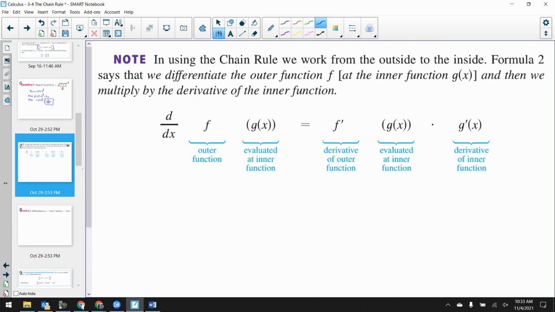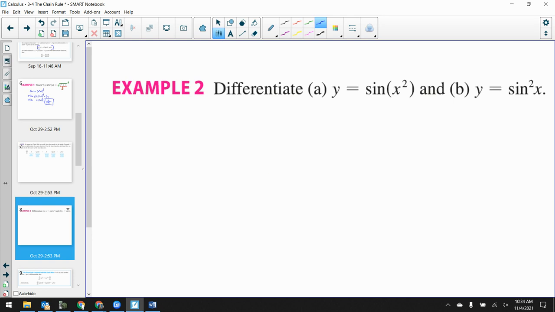A lot of people try to change the inner function when you find f prime. The inner function stays exactly the same. You don't touch that. All you do is find the derivative of the outer, applied with the inner still in it, times the derivative of the inner. Okay? So let's try it again.